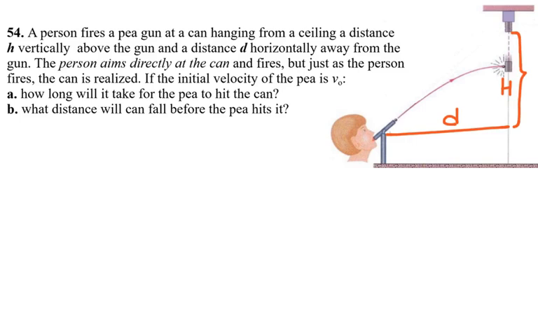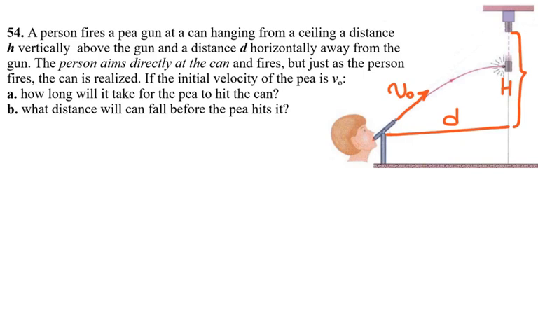But just as the person fires, the can is released. If the initial velocity of the pea is v sub 0, so this velocity v sub 0, how long will it take for the pea to hit the can, and what distance will the can fall before the pea hits it?